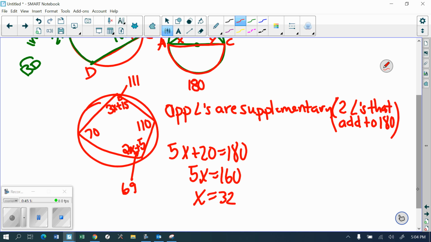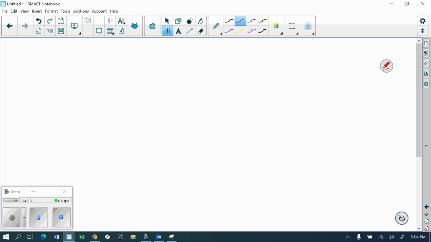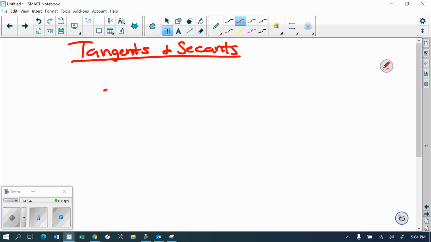Okay, so now let's go to tangents and secants. Tangents and secants. So a tangent is a segment that only touches the circle in one spot.